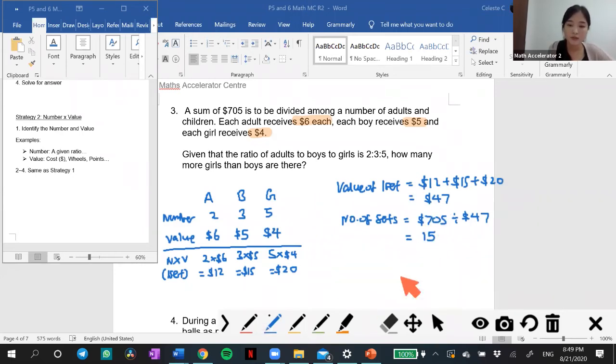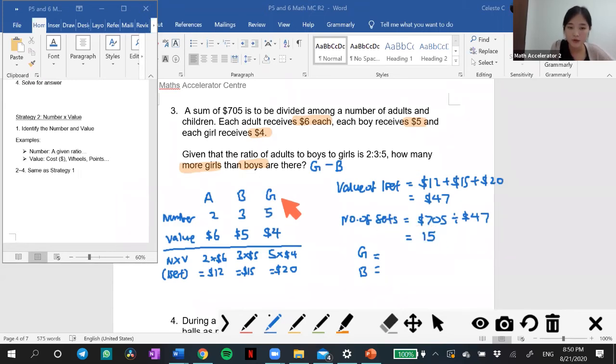Okay, then once you reach this point, look at what they're asking you for. How many more girls than boys are there? So they're asking you for girls minus boys. The difference. So you have to find the girls, find the boys, and then find the difference. So the number of sets is 15.